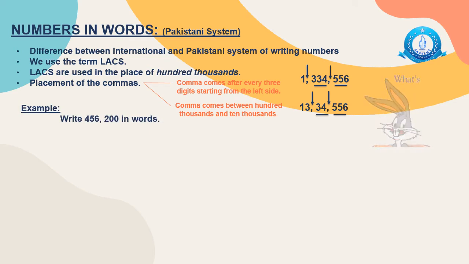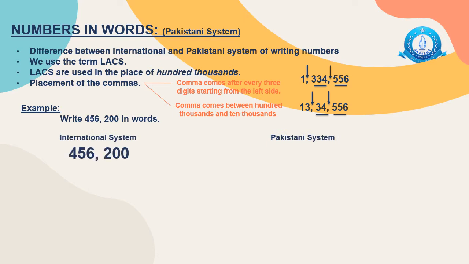Let's understand this with an example. Write 456,200 in words. Using the international system, we label the houses and then we see what we have there. We have the ones house and the thousands house. So according to that, we have 456,000 and 200.